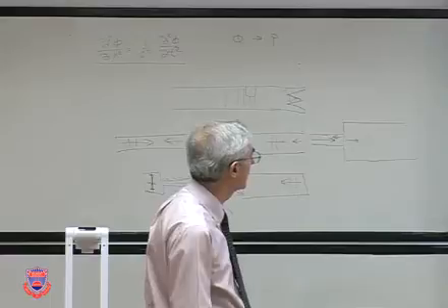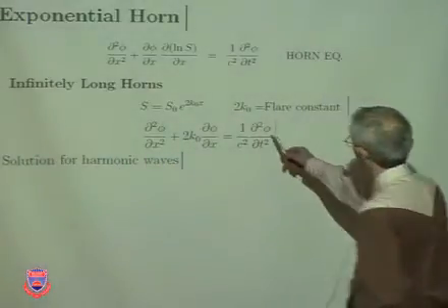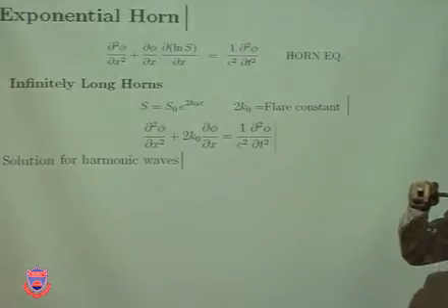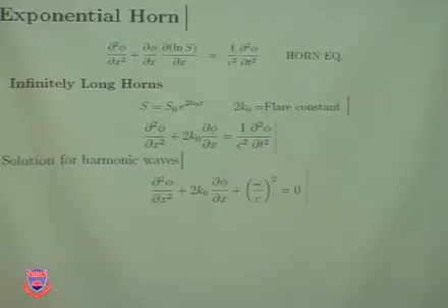If you substitute the value of S in the Horn equation, what we have again is a very simple modified wave equation. And for harmonic waves, where the dependence is exponential minus i omega t, we can rewrite that by eliminating the time dependence as a second order differential equation.